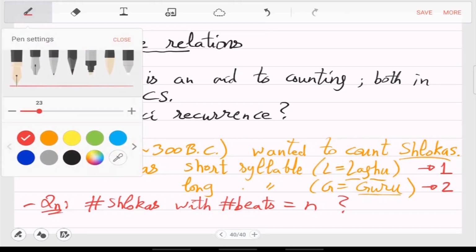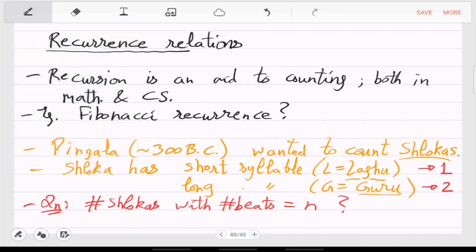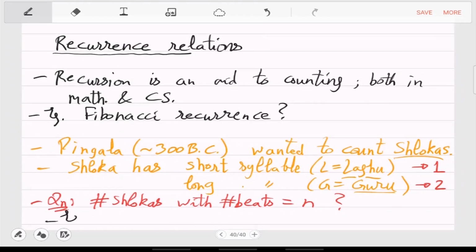Right? If this is not familiar, then how many shloks are there with 1 beat? That is only short syllable possible, right? So for n equal to 1, you only have L. So only laghu is possible. How many for n equal to 2?